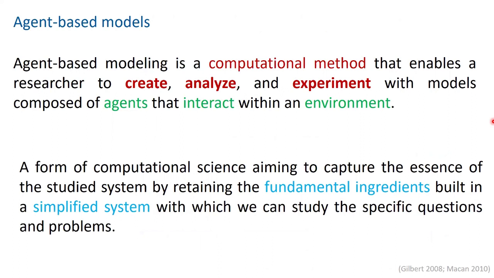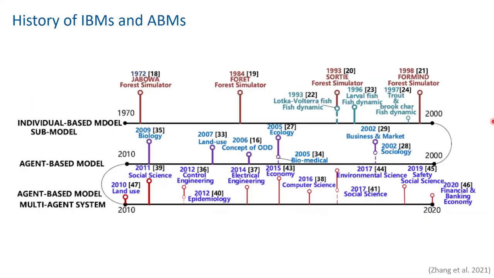So agent-based models are, of course, computational experimental labs, we can say, in which you can create some environment, and then you fill it up with agents which interact between themselves and with the environment, and then you can run numerical experiments with such a model. It is not a new thing.